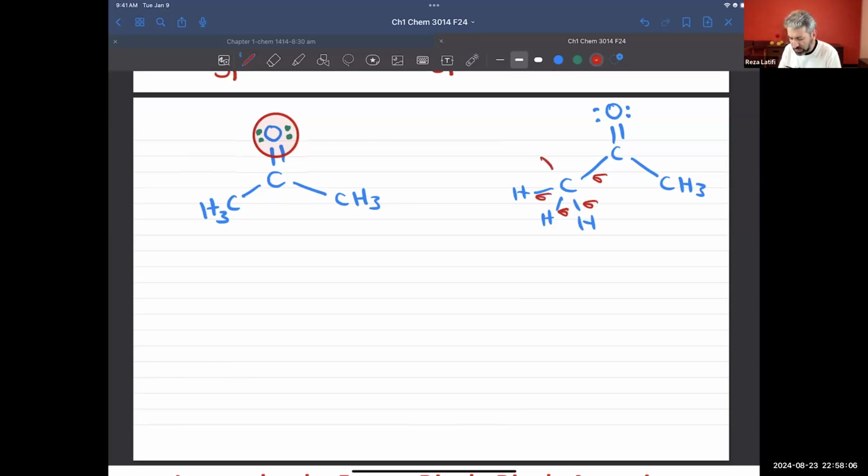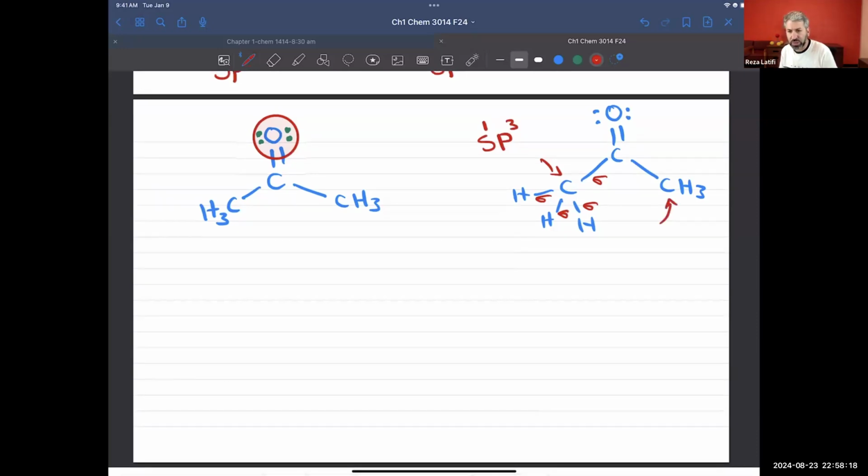That means the hybridization for this carbon must be 1 from s and 3 from p, so it will be sp3. This carbon is identical to the left one, so it will be sp3. How about this carbon? That carbon will be sp2. Why? Because I have 1 sigma, 2 sigma, 3, and that's a pi bond. So we have sp2 hybridization.